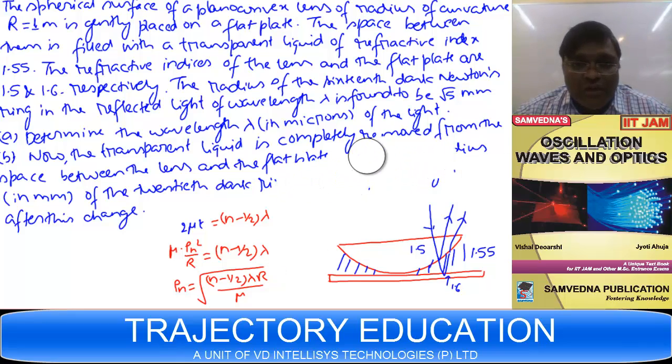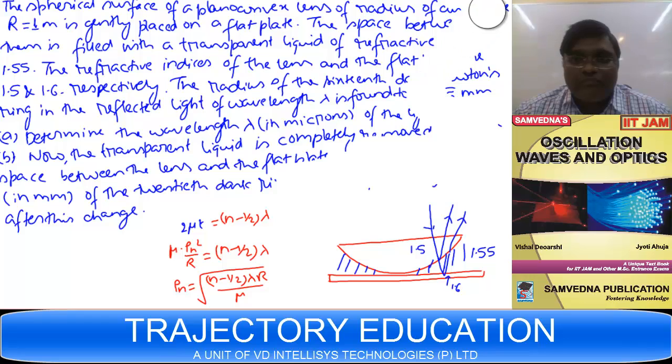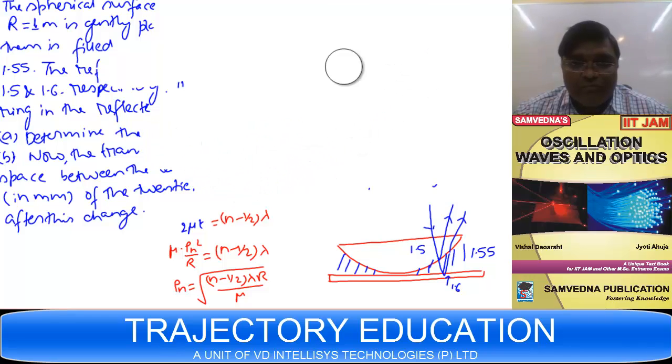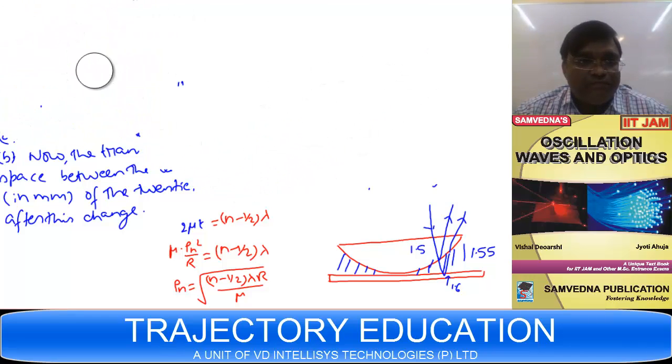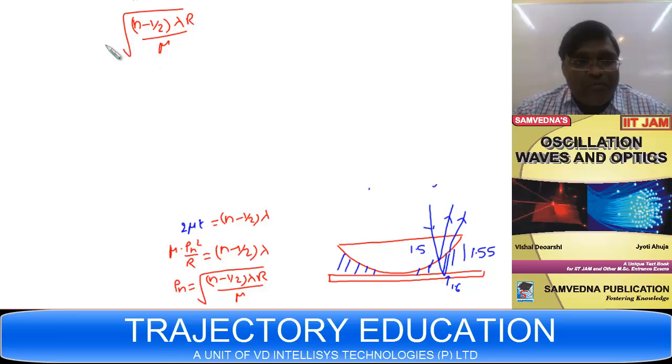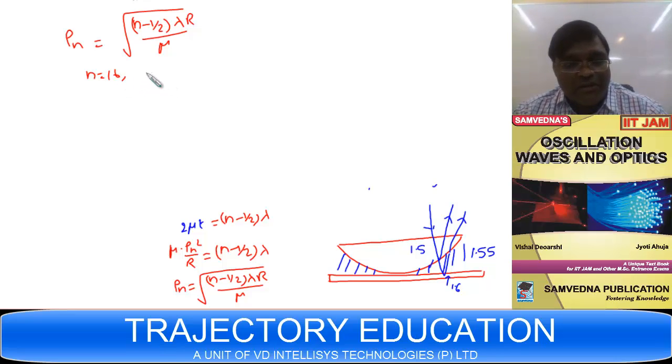So if I put this value over here, n minus half, lambda r upon mu is going to be rho n. For the 16th dark ring, I'll put n equal to 16.